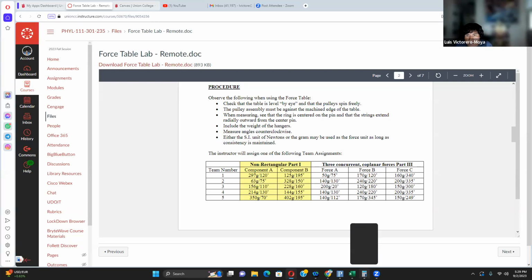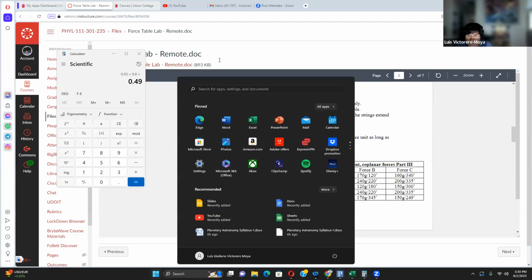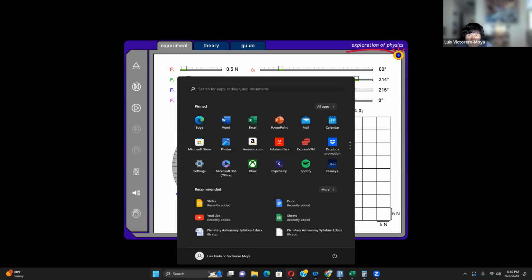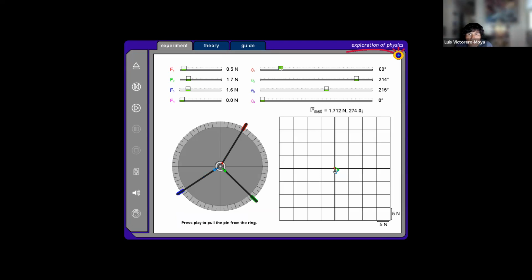That should be 0.5, I believe. Yes. 0.5, 1.7, 1.6. And then the angles, 75, 120, and 340.